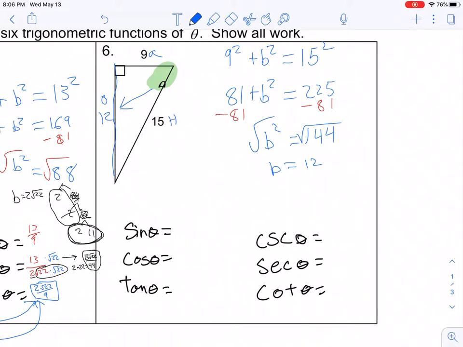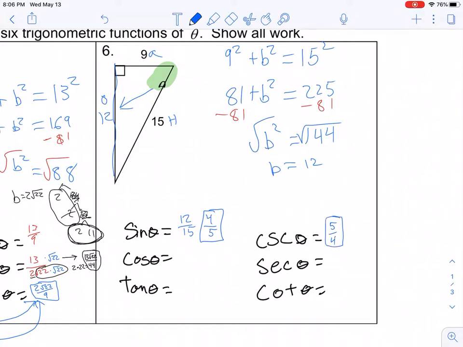So now we're just using those relationships. Sine theta. Sine is O over H. So I'm saying 12 over 15. We can reduce that. 3 goes into both of them. 3 goes into 12 4 times, and 15 5 times. We can flip that over. 5 over 4.